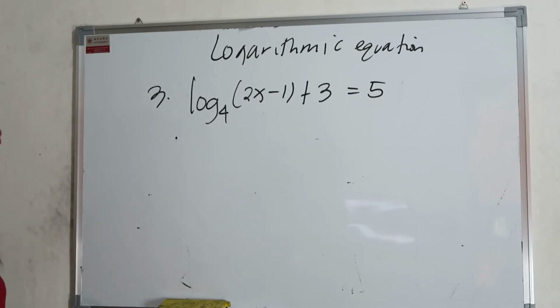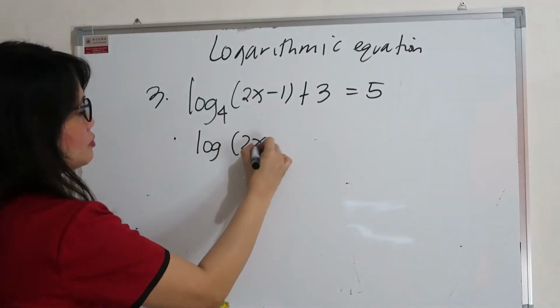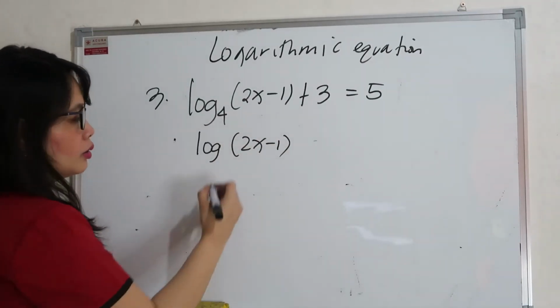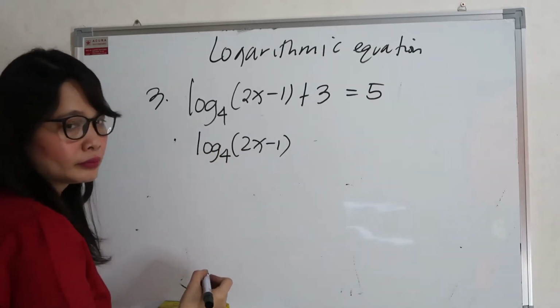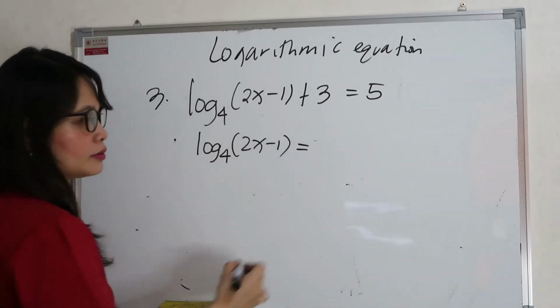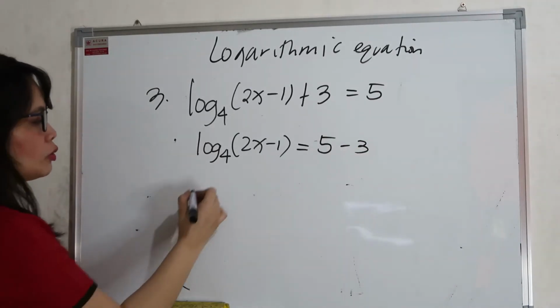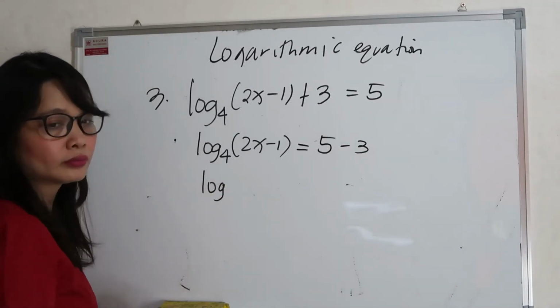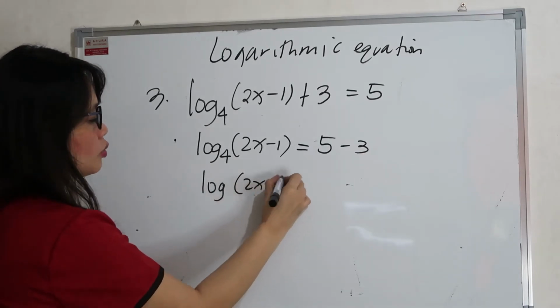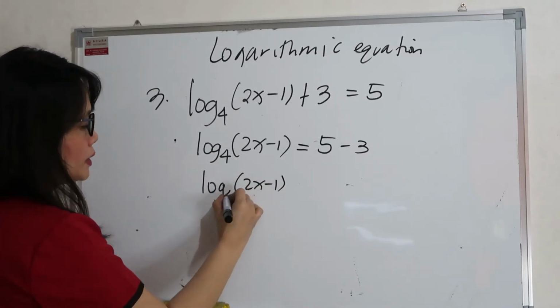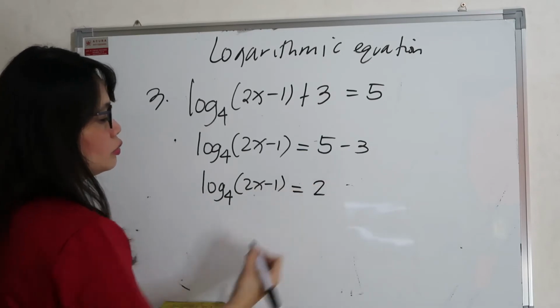So that will become log of 2x minus 1 with a base 4 equals 5 minus 3. Okay? So that will become log of 2x minus 1 with a base 4 equals 2.